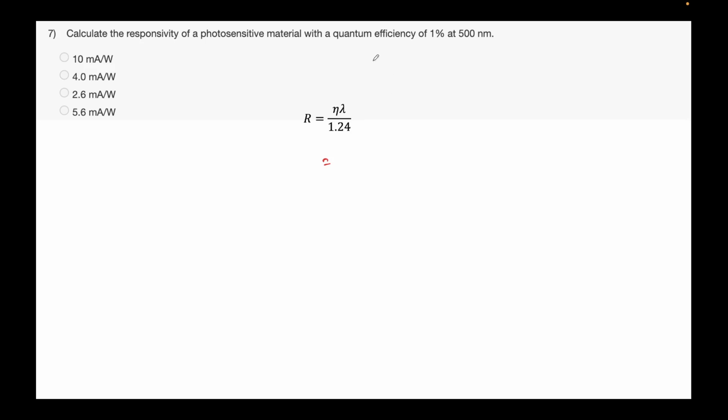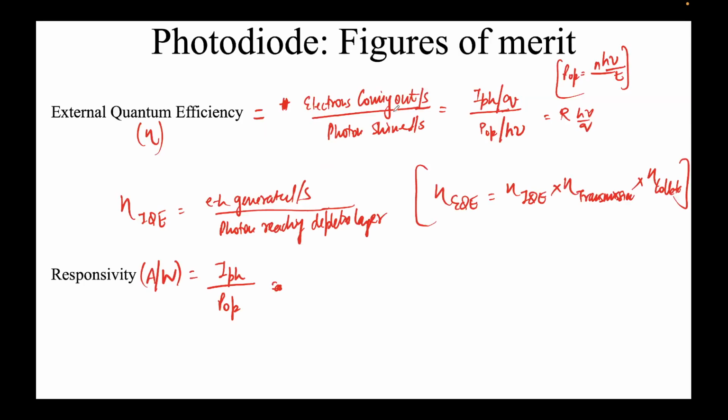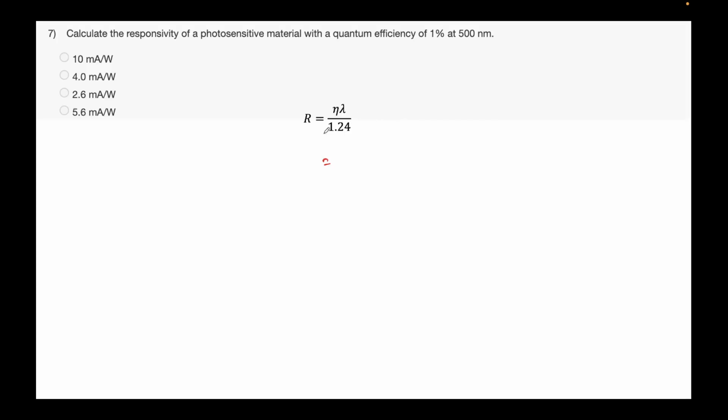We just put in the numbers. Efficiency of only 1%. You see, it's a very bad device, so to speak, because external quantum efficiency is only 1%. Okay, fine. 0.01 times the wavelength, which has been given as 500 nanometers. We have to put it in microns, because please remember this is in microns here.